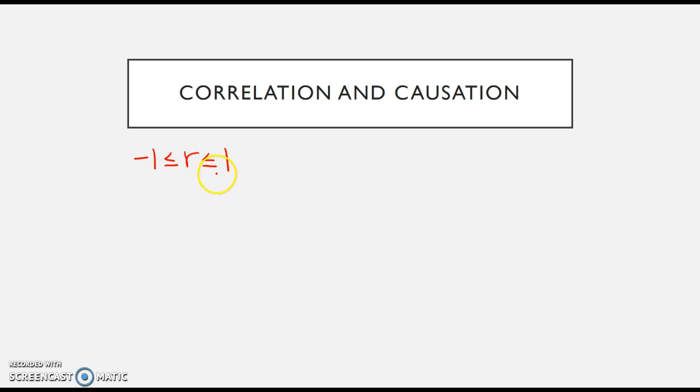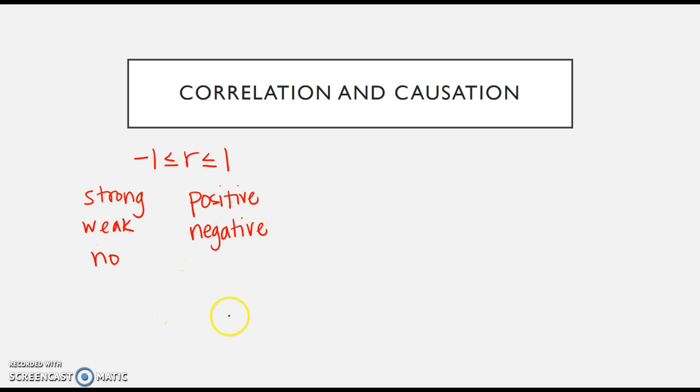If it's close to 0, it's not a good fit. So remember, you can have a strong correlation, weak correlation, or no correlation. And then you could have a positive correlation, if it's got a positive slope, or a negative correlation, with a negative slope. And then you have no correlation if it doesn't show any sign of a line.